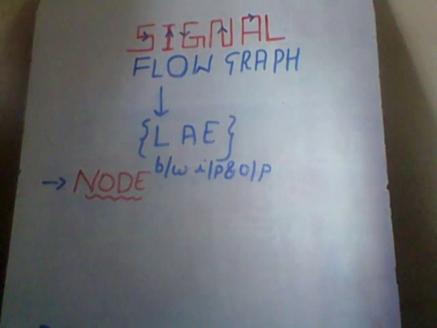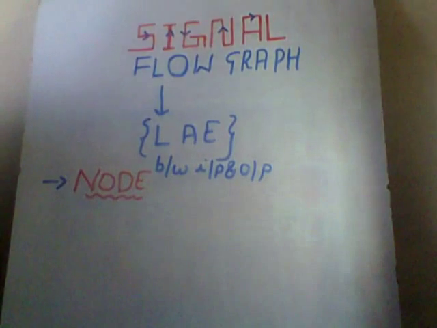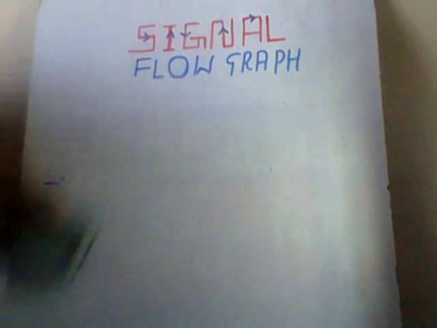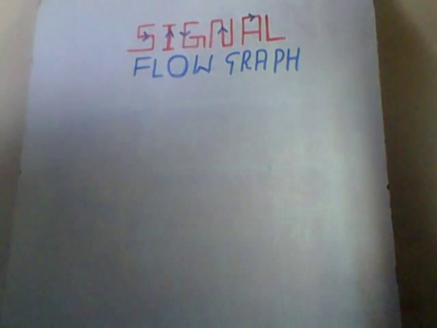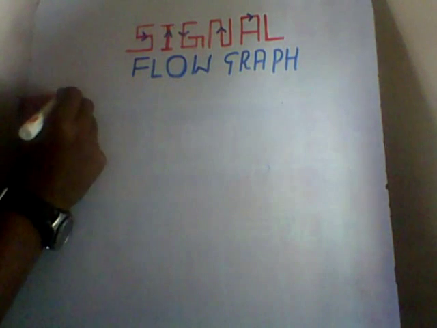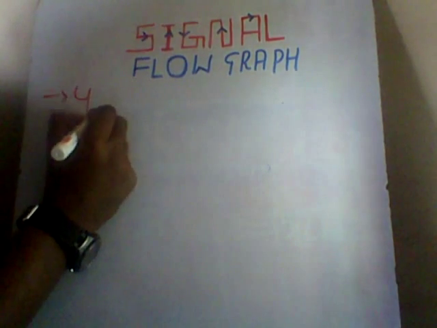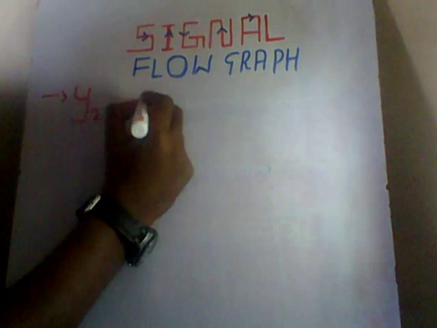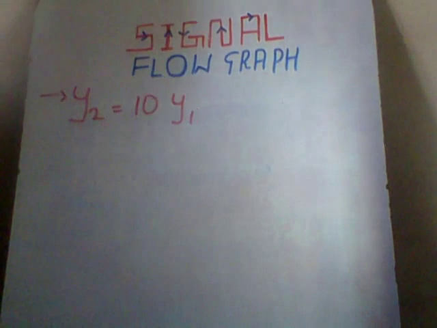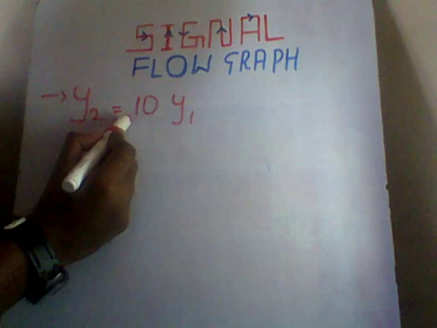So now let us solve some problems in order to understand the construction of signal flow graph. Our first problem is y2 is equal to 10 into y1. I am repeating, y2 is equal to 10 into y1.